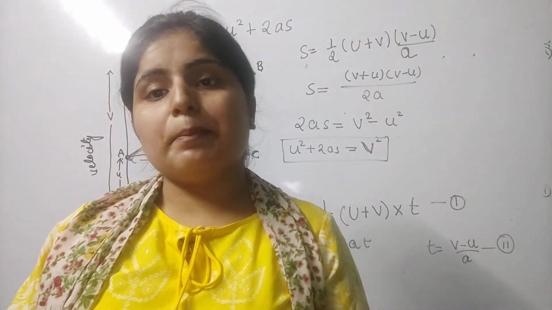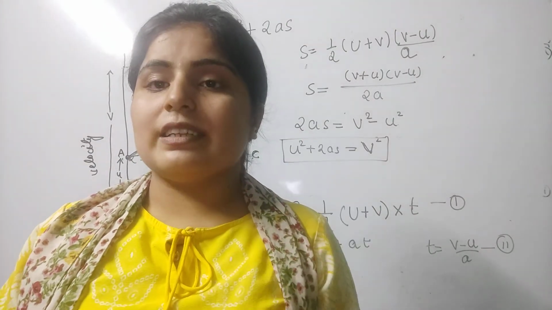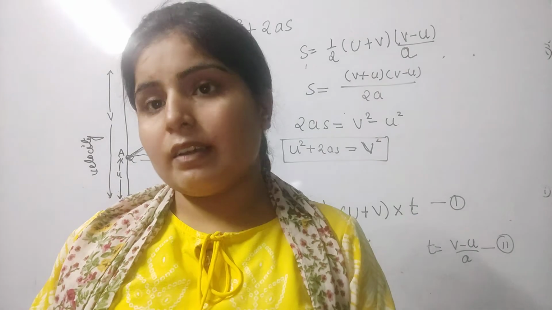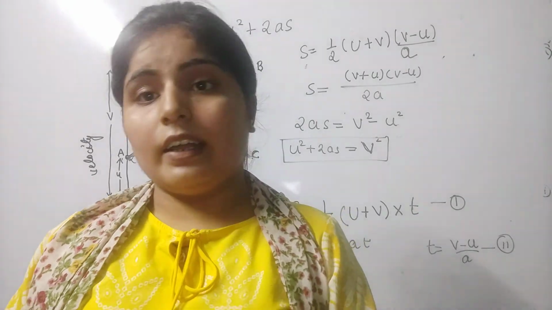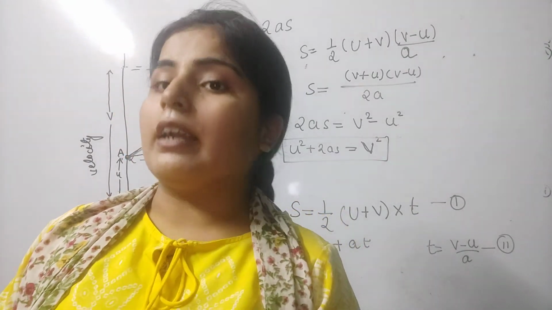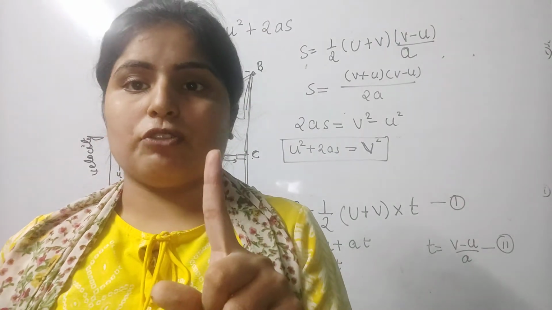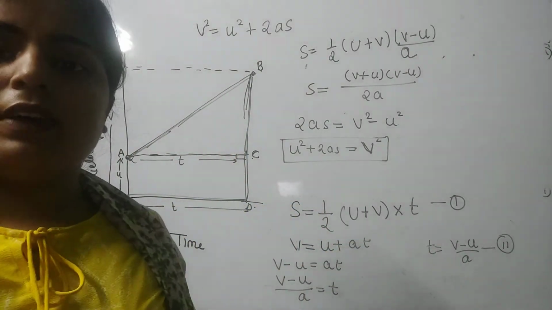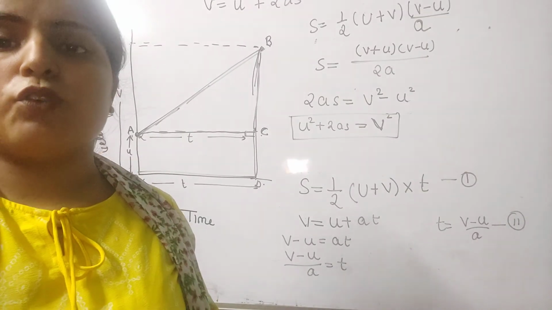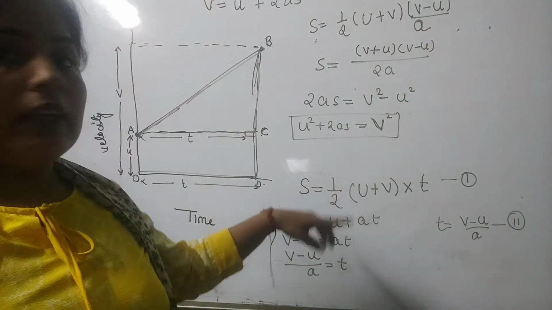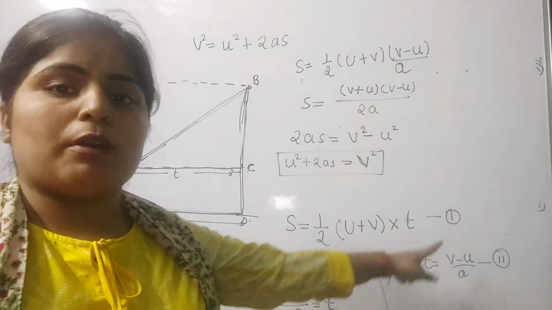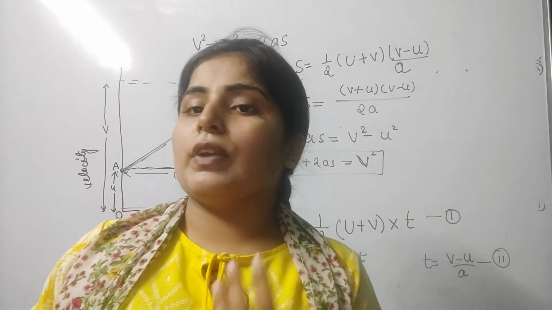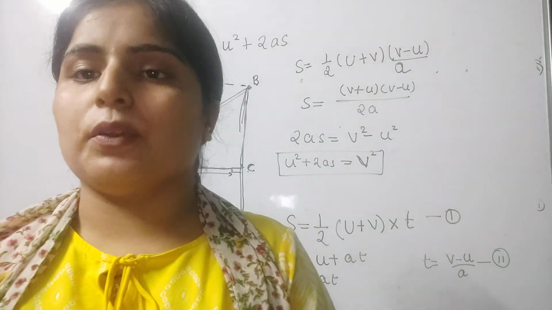Then simply use this and derive it, and because t is not there in the third equation of motion, eliminate it using the first equation of motion. From the first equation of motion, calculate the value of t, that is v minus u upon a, and finally put it into equation number 1. Whenever you put it, you will get the result, that is the third equation of motion.